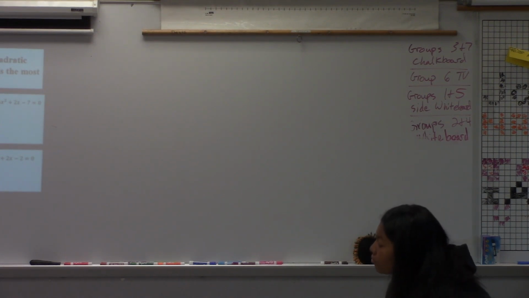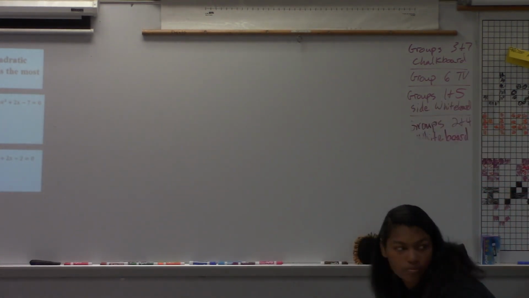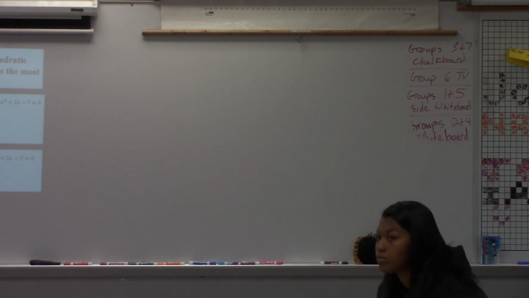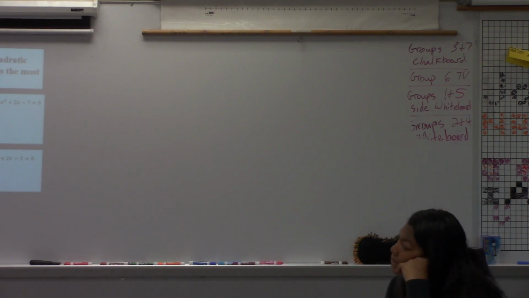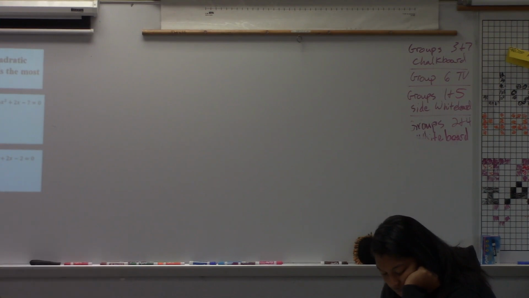Okay, sorry. So, you're gonna start at your vertical surfaces, and you're going to start with the equation that is your group number. So if you're group 1, you're gonna start with problem 1. And the first thing that y'all are gonna do for the first round, there's gonna be a lot of rotations, but just for this first one, y'all are going to simply identify what method to use to solve the equation that you have, and write down why.